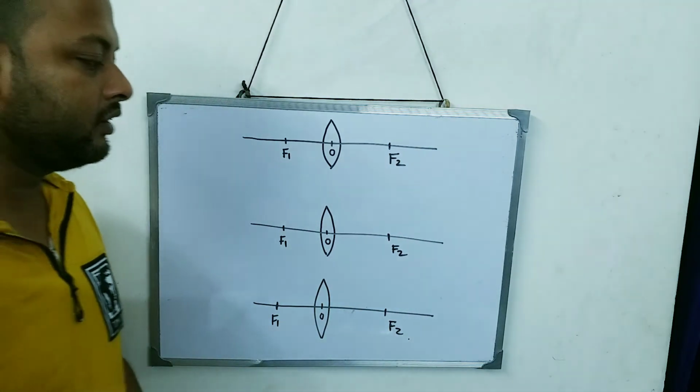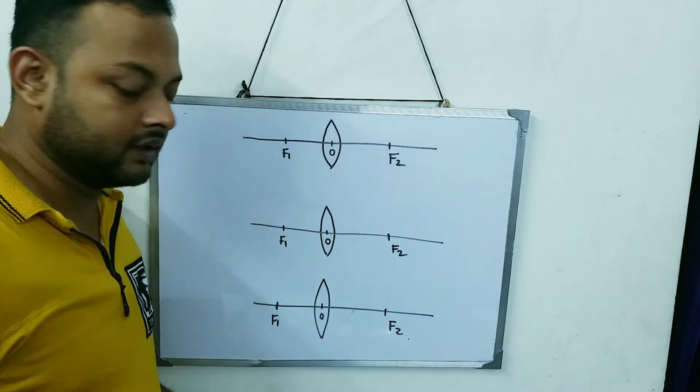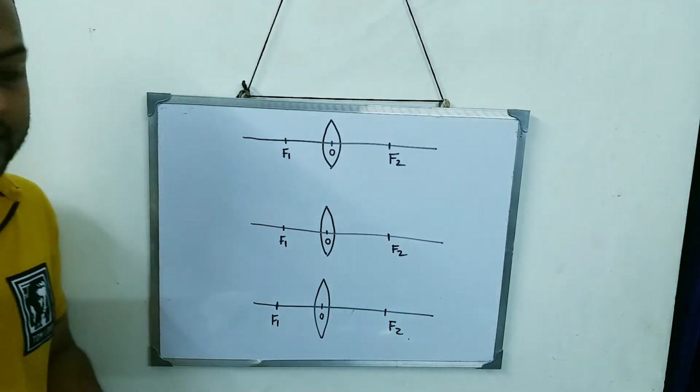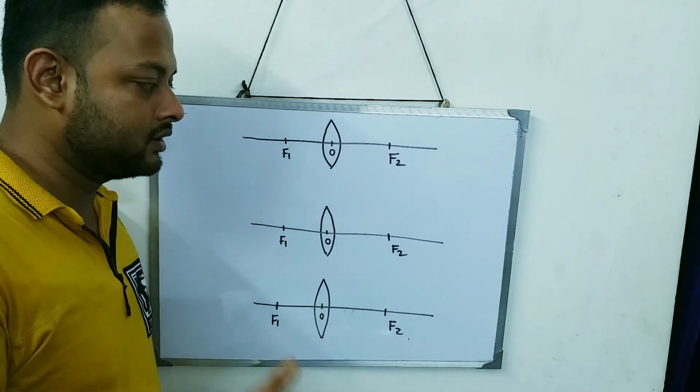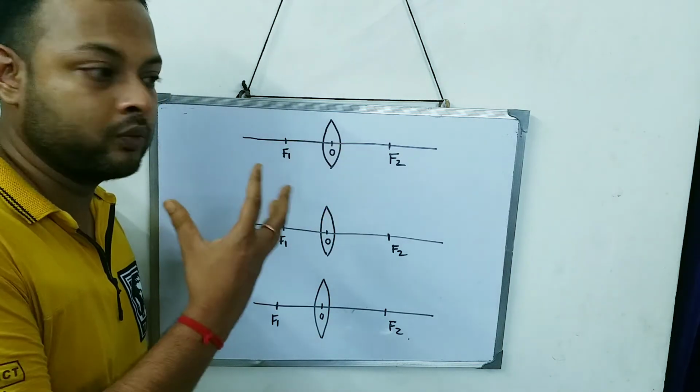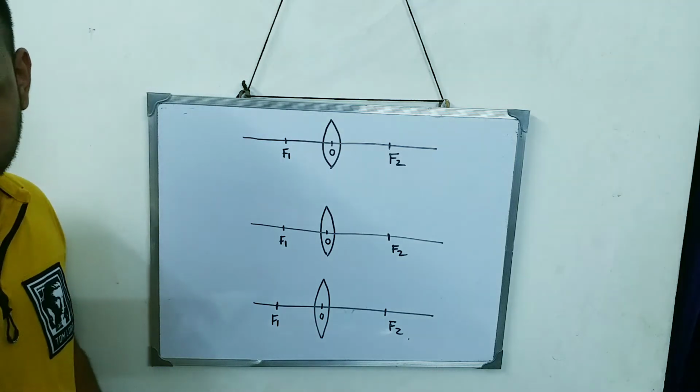So we have taken three convex lenses. Now see what I will do in these three diagrams to make you understand what we are going to practice. You have to get the idea of what we are going to do in these ray diagrams.